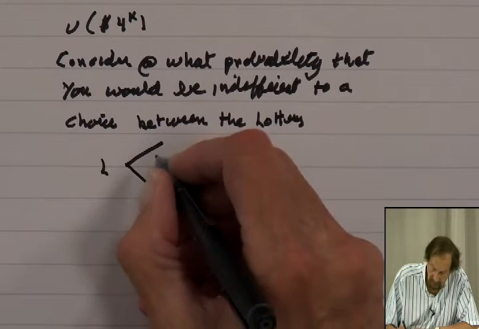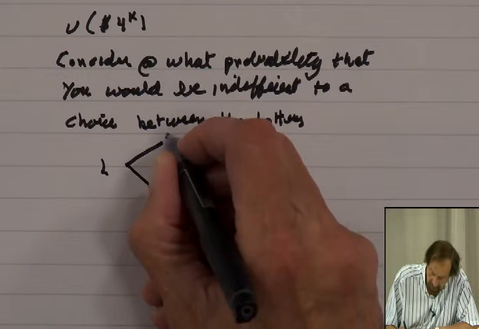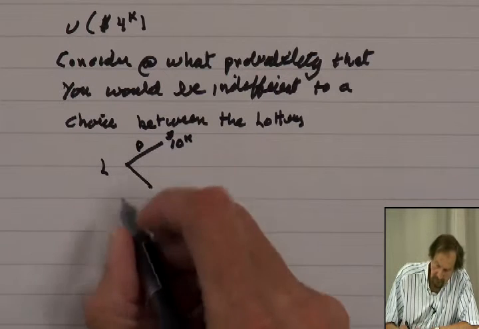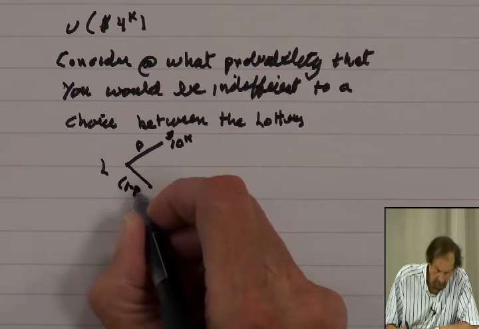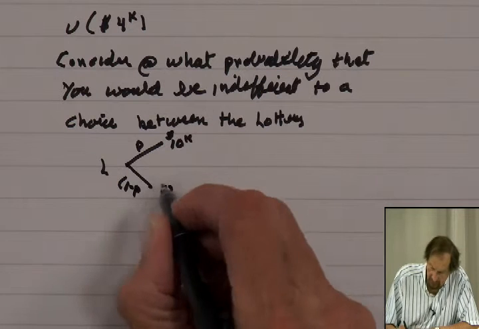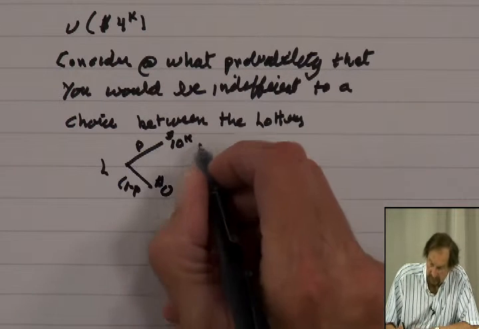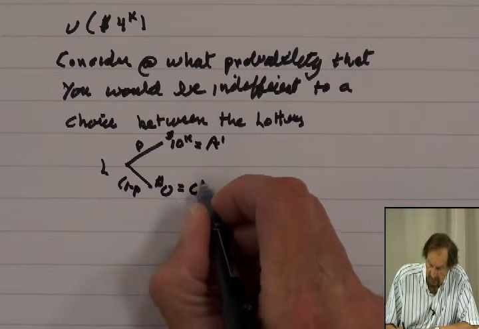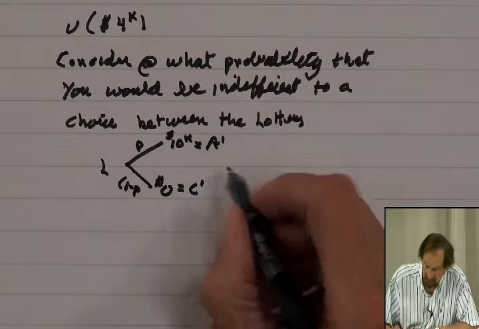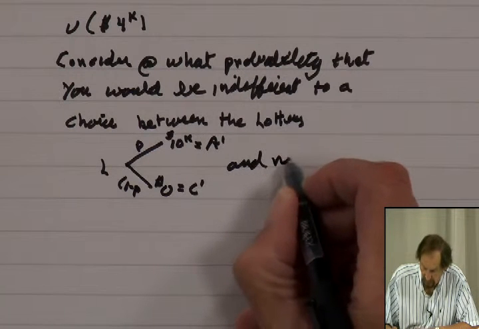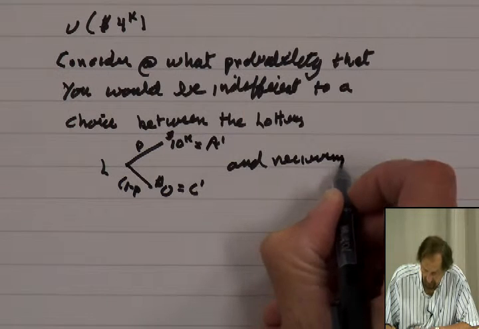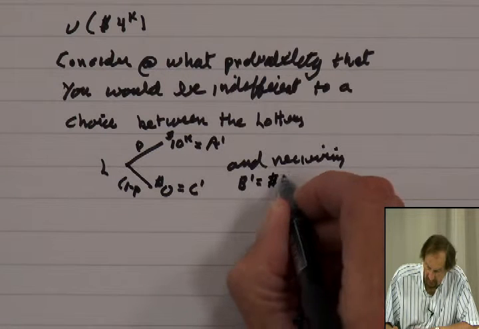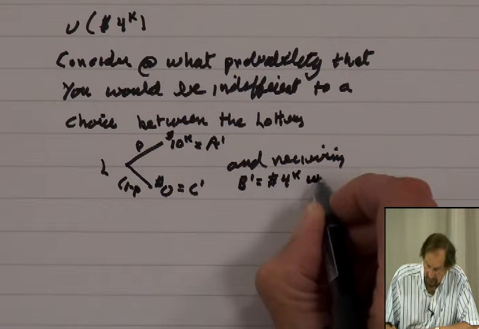This lottery says you win $10,000 with probability P, and with probability 1 minus P, you win $0. So this equals A prime, this equals C prime, and receiving B prime equals $4,000 with certainty.